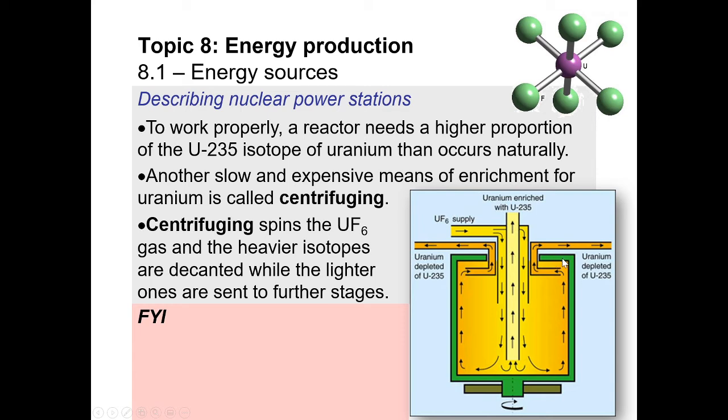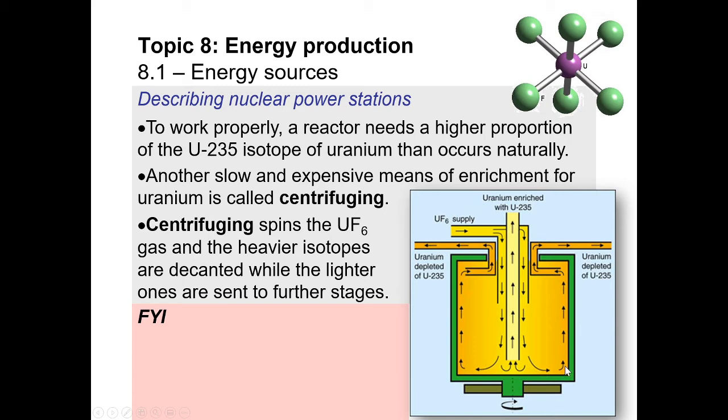What it essentially does is force the heavier uranium-238 to the outside walls, while the lighter, less dense uranium-235 stays toward the axis of rotation. It doesn't move that far. So the uranium-235 comes out, and you have your enriched uranium-235, and the more dense uranium-238 moves through these outside pipes.